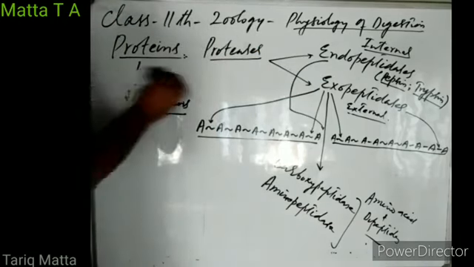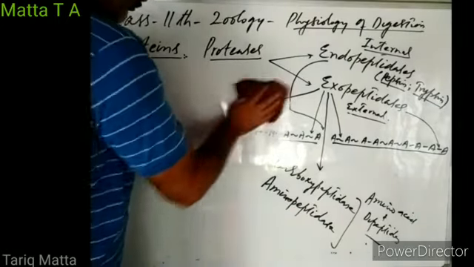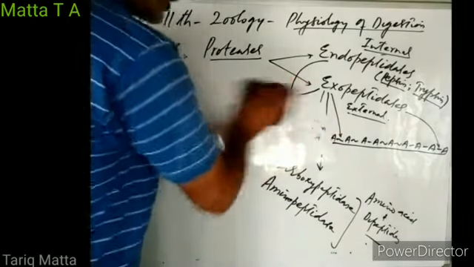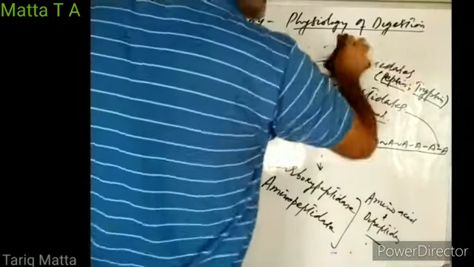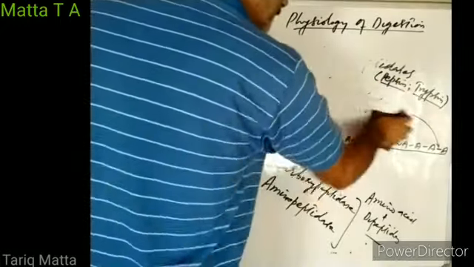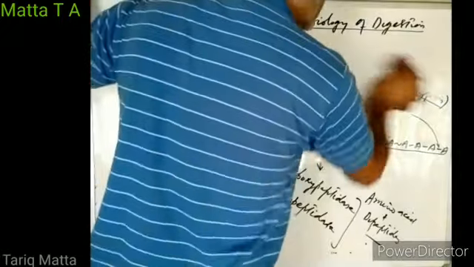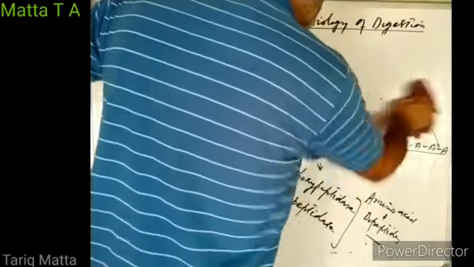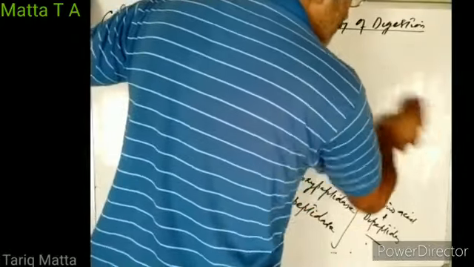Now protein digestion starts from the stomach. In the mouth, saliva is produced, but saliva doesn't contain any protein digesting enzyme. So digestion of proteins starts in the stomach. In the stomach, gastric glands release gastric juice.